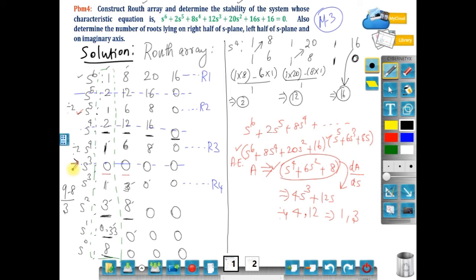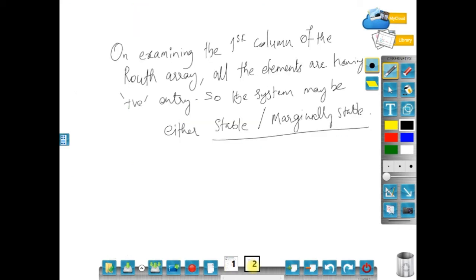That Routh array has a first column with all positive entries. So we have used some logic for constructing the Routh array. With that logic itself, don't stick to the system being stable. It is not unstable, that is sure, but it may be either stable or marginally stable.